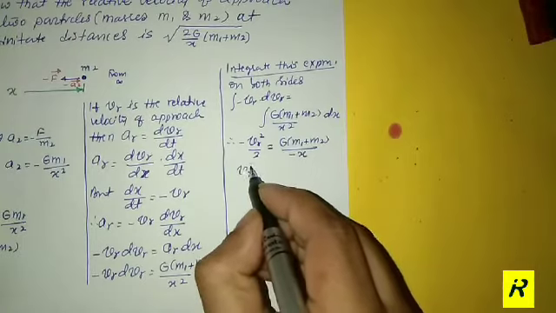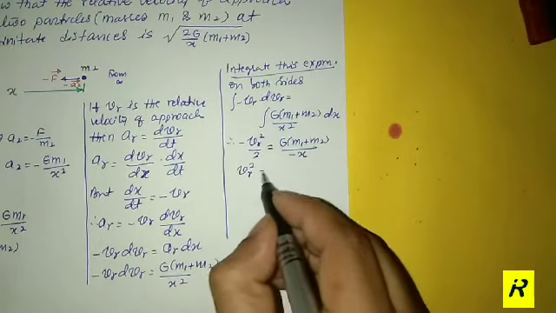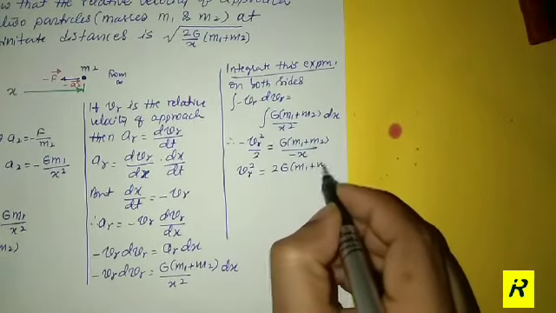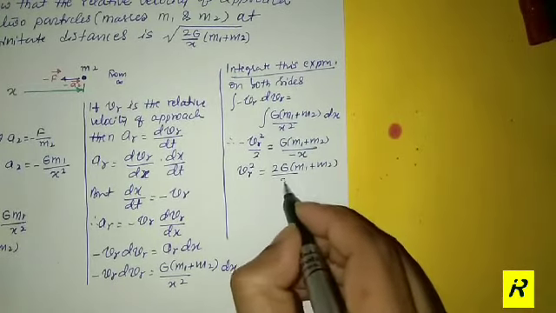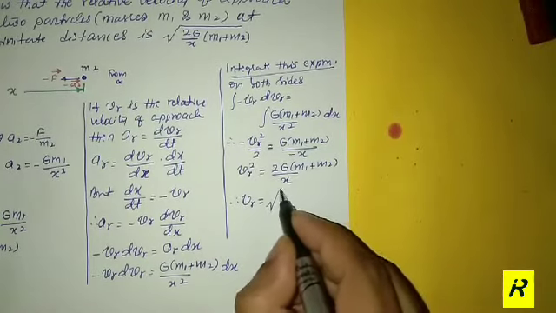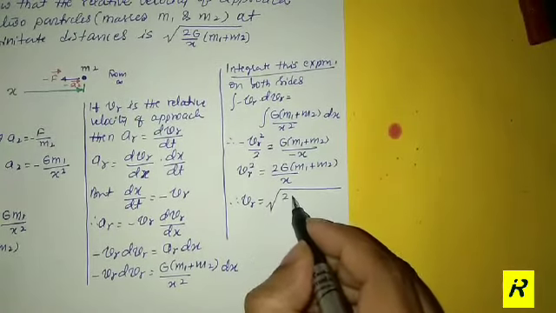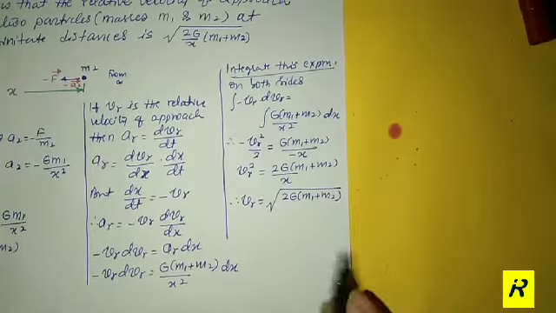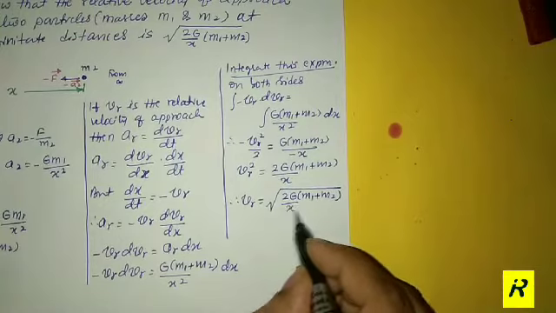What is left is Vr square is equal to G (m1 plus m2) divided by x, multiplied by 2. Therefore, finally Vr is equal to root of 2G (m1 plus m2) divided by x.